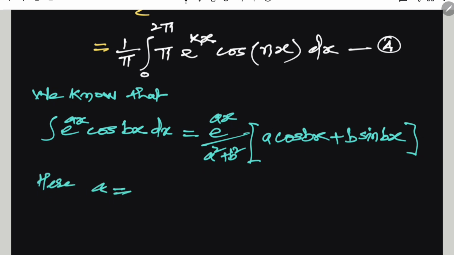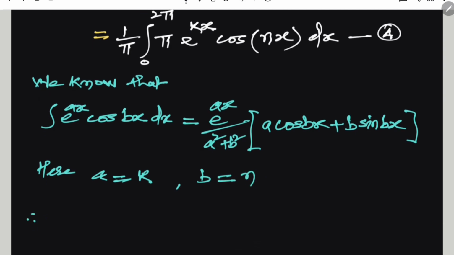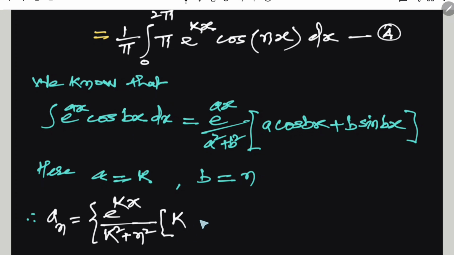Then comparing, we get the value of a as the coefficient of x in the term e raised to kx as k and b as n. Substituting these values, we get an as e raised to kx whole divided by k square plus n square, a means k cos of nx, b means n sin of nx.